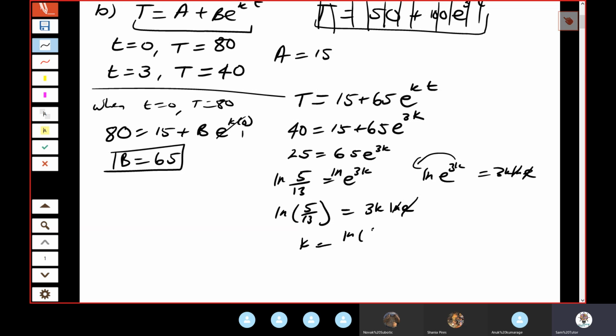So K equals log 5 on 13 divided by 3 equals, let's do it in our calculator. So log answer divided by 3, K equals negative 0.3185. Now, what I press now is Shift, Store, A. Reason why I want you guys to get used to that is because you don't use a rounded answer.